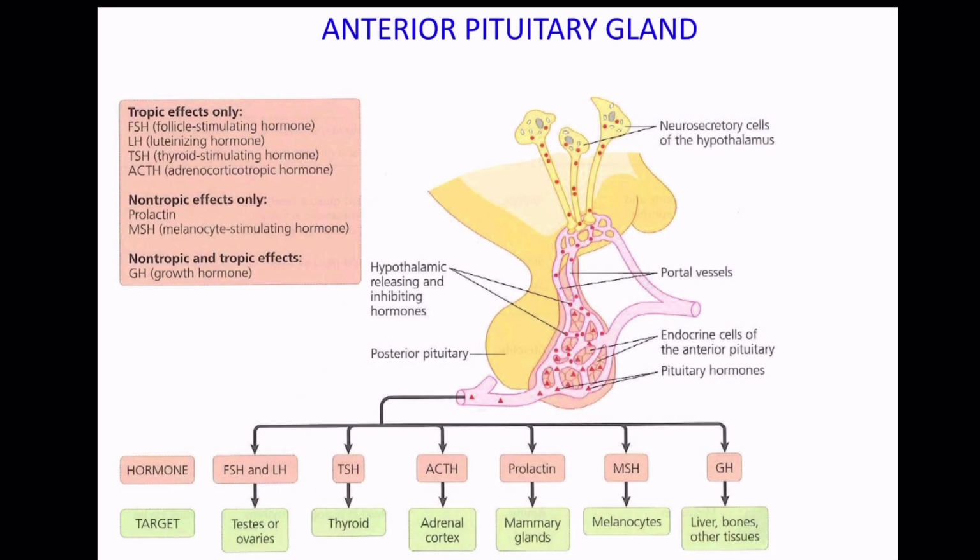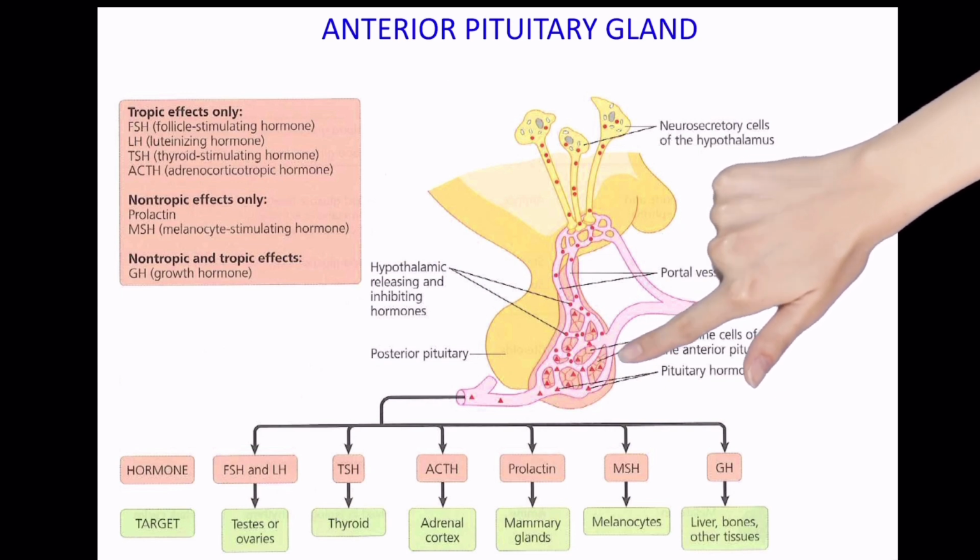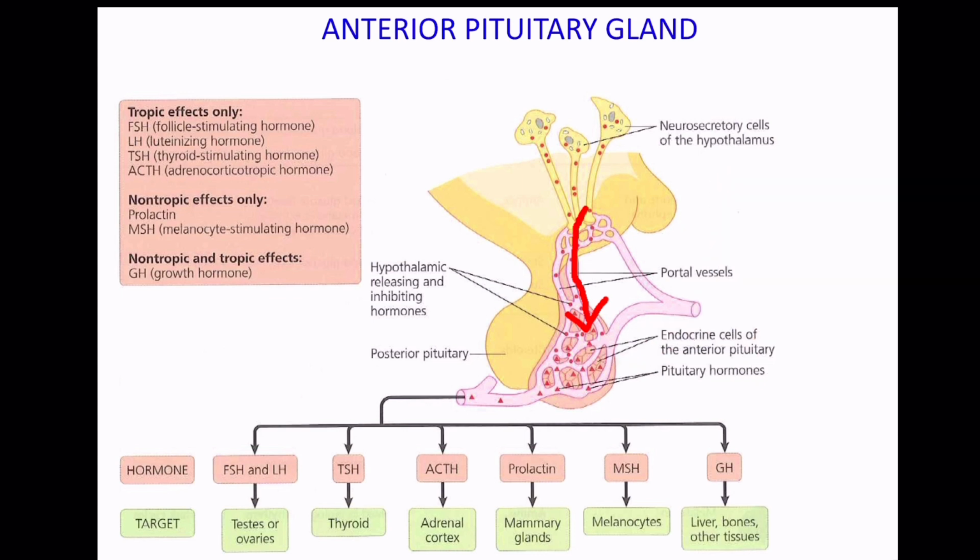Well, this is the figure of anterior pituitary gland, whereby the anterior pituitary gland also will be stimulated by hormone from hypothalamus. Anterior pituitary gland will secrete more hormones than posterior pituitary gland. For example, follicle stimulating hormone and luteinizing hormone that will target testes or ovaries in human.